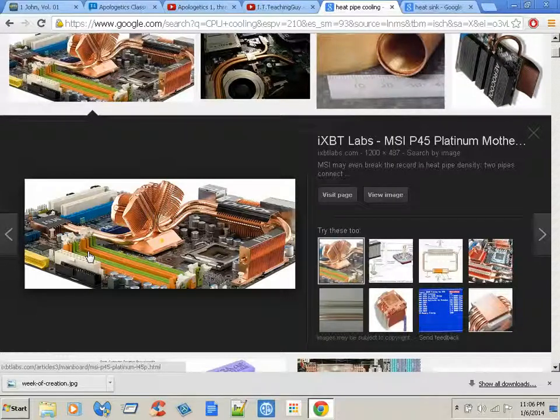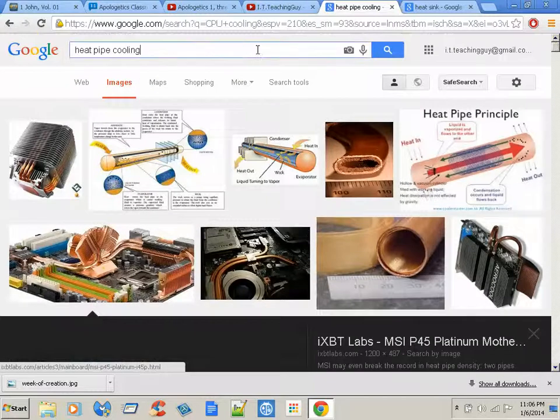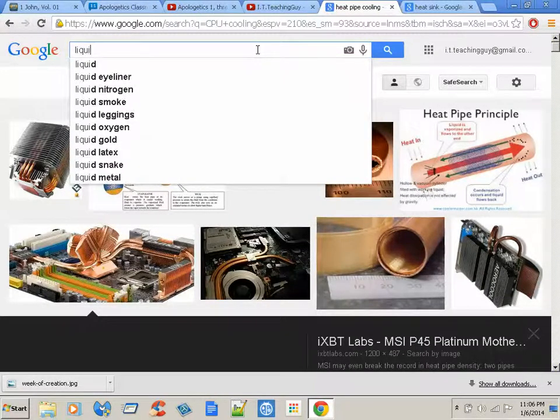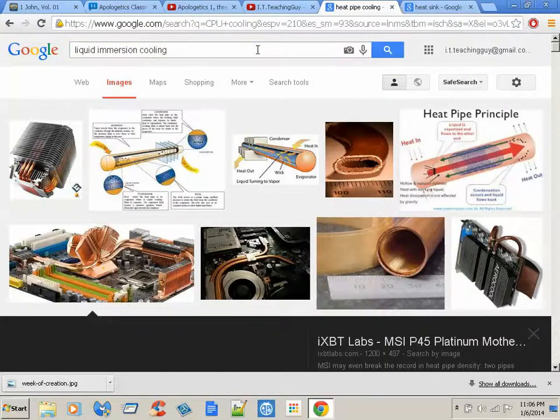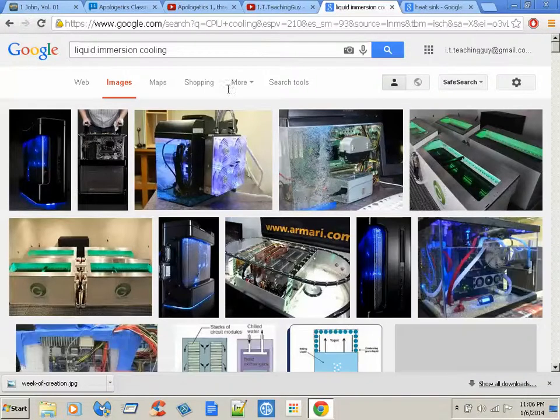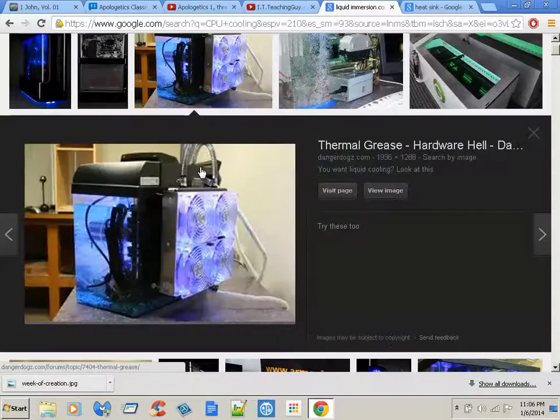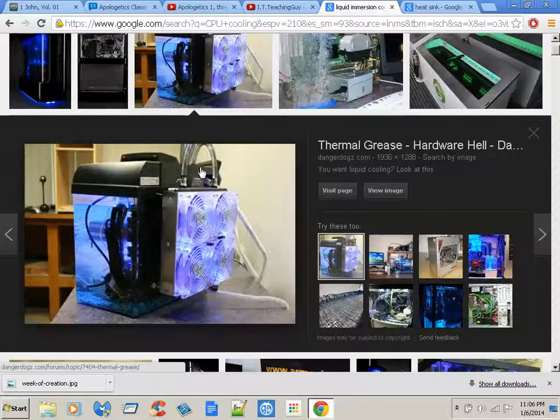Then we went on to extreme cooling methods, such as phase change cooling. It's like a refrigerator. It uses evaporation of gas to cool the core. And then there's what's called liquid immersion, which involves immersing the entire computer in a special non-conductive liquid. So we might be able to look that up too as well. So that's kind of amazing, putting your whole system into a cooling liquid.